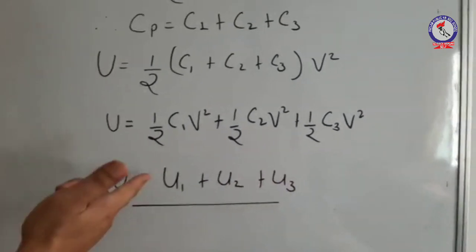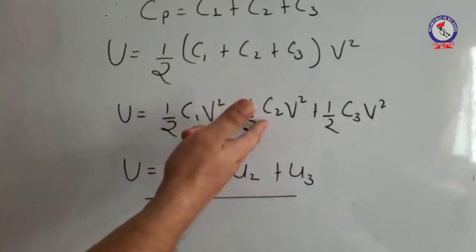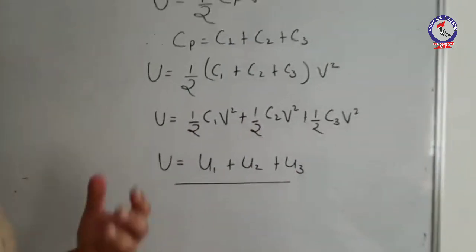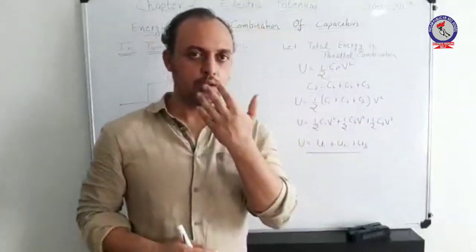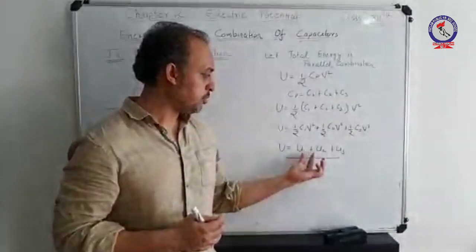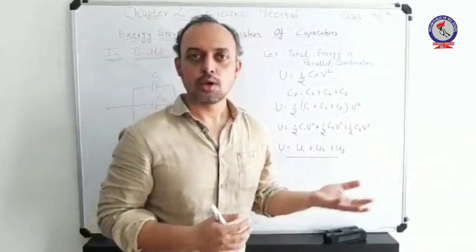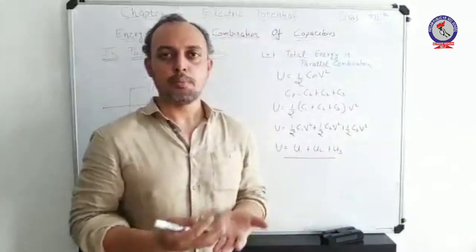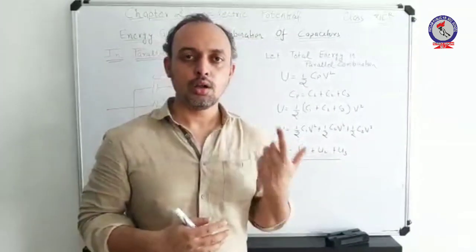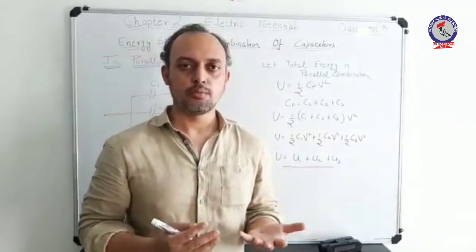Here U1 represents the energy of the first, U2 the energy of the second, and U3 the energy of the third. As you have just calculated, the net energy in the parallel combination is again the summation of their individual energies. That is, in order to calculate the net energy in the parallel combination, we are simply calculating the individual energies and summing them all to get the net energy.